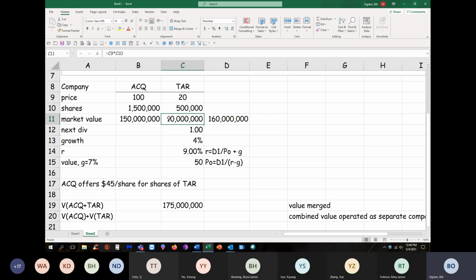So we just have what's currently available in the market. Okay, so this is their total market capitalization. So if you look that up on finance.yahoo.com, they'll have a number in there. They'll call it market capitalization, and that's basically just the shares times the price per share. All right.